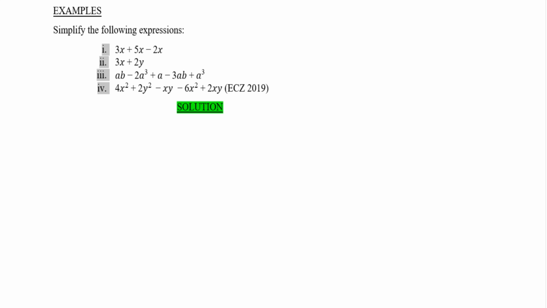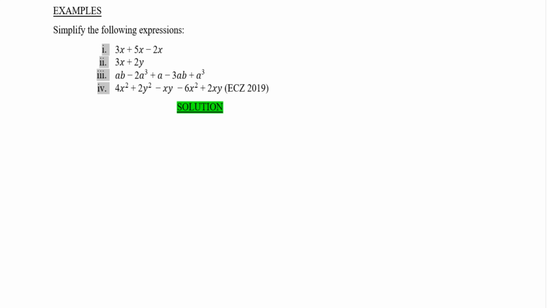And 4, we have 4x squared plus 2y squared minus xy minus 6x squared plus 2xy, which was taken from the past examination paper 2019. Mind you, this session is tackling the questions that can be brought in paper 1.